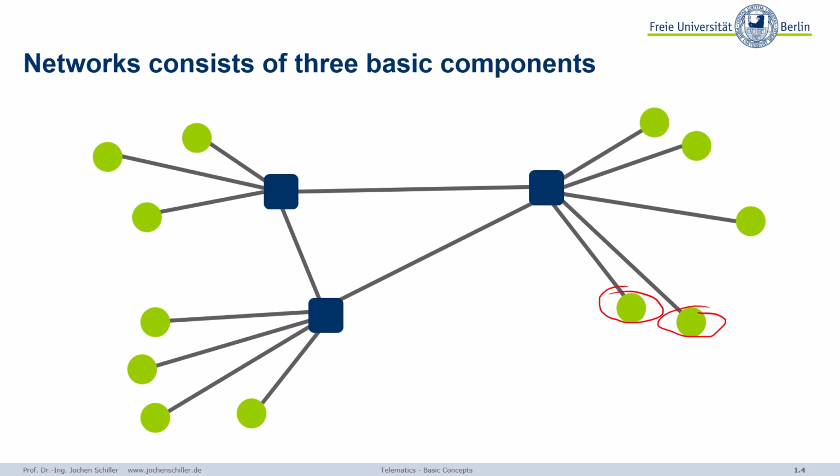Then we need connections, wires, many wires, or maybe it works with a wireless system like a mobile phone system, cellular phone system, or a wireless LAN system. We need also connections between our third component. These are our internetworking units.